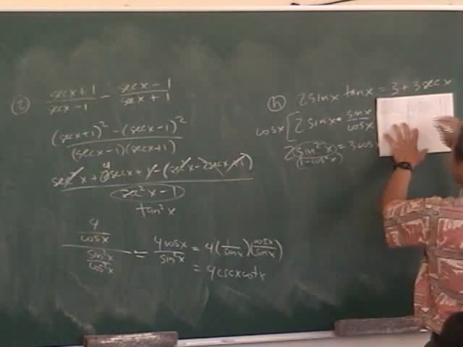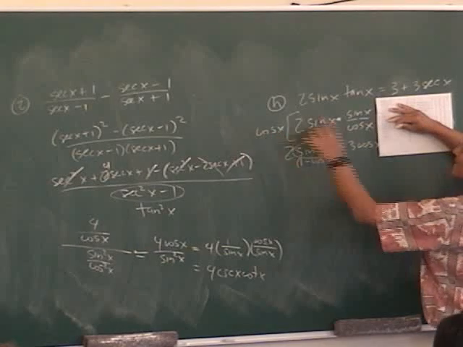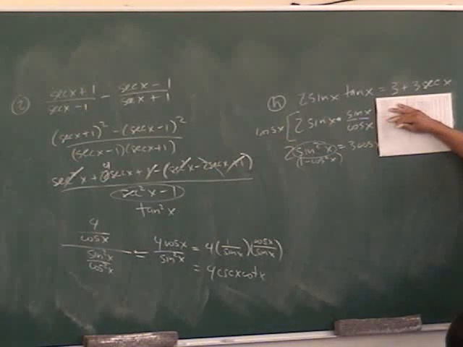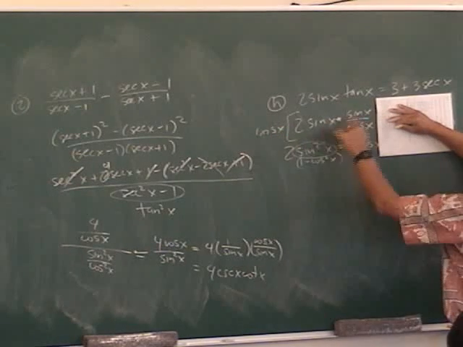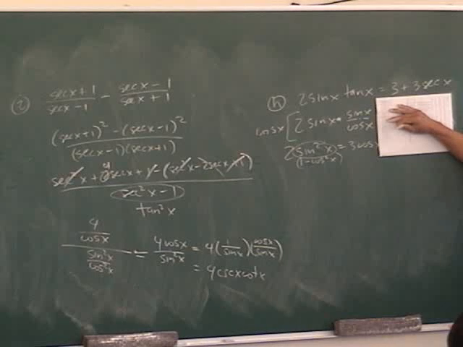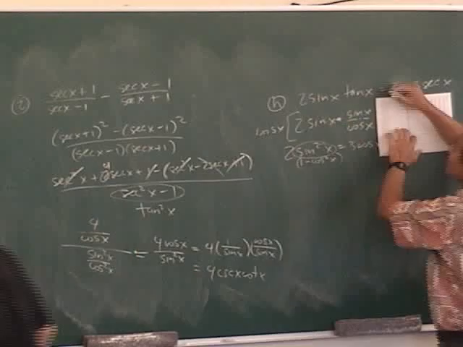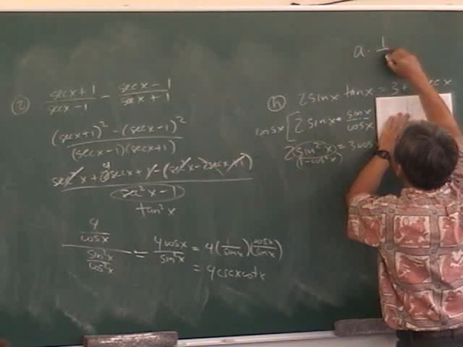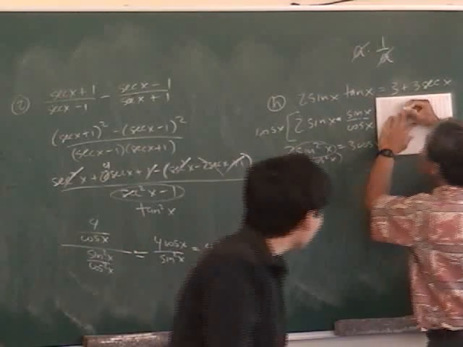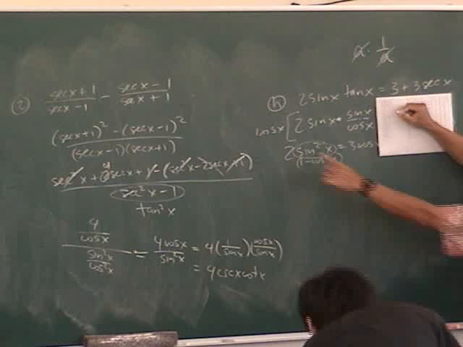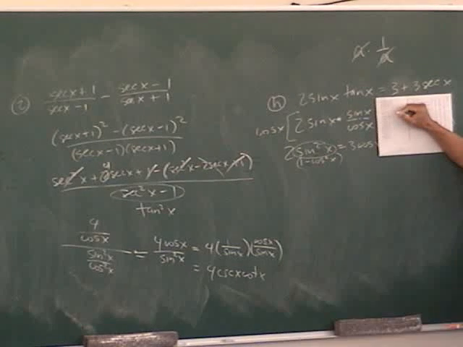When you multiply this times this, don't the cosines cancel out? And then what's left is 2 sine sine, which is 2 sine squared. Cosine doesn't go to sine. No, they cancel. When you multiply a times 1 over a, the a's cancel out. Oh, got it.